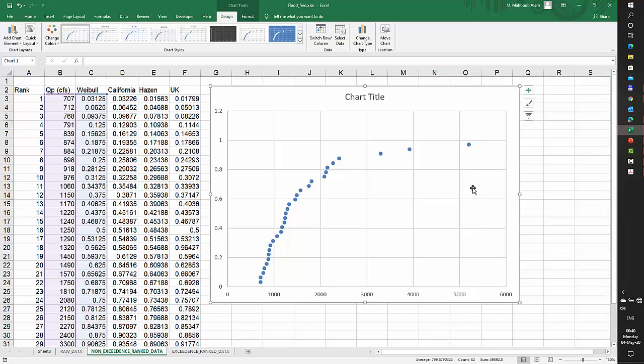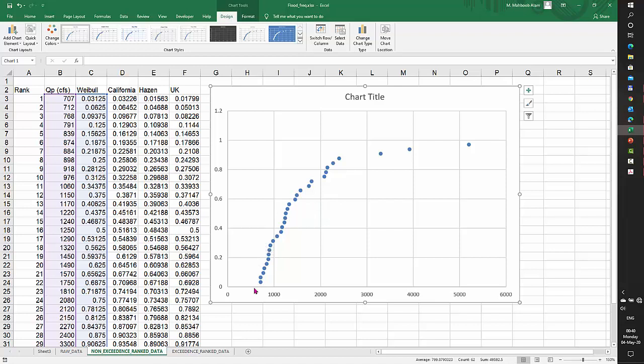For this particular river, 5000 cubic feet per second would not be exceeded, with almost 100% surety. Similarly, if I look at a smaller value, let's say 1500 cubic feet per second, then I have a 60% or 65% chance that this value would not be exceeded. So this gives us the non-exceedance of the values.